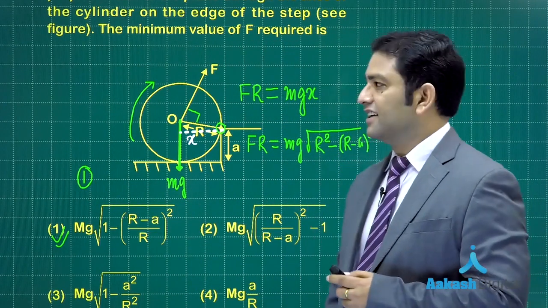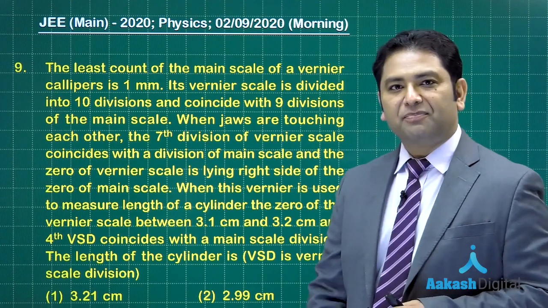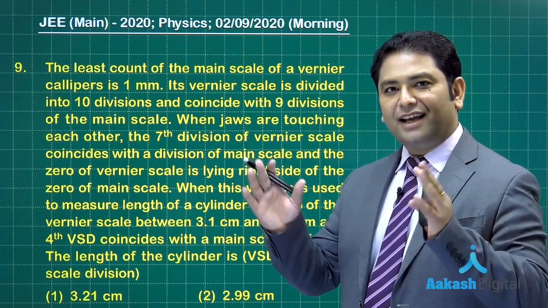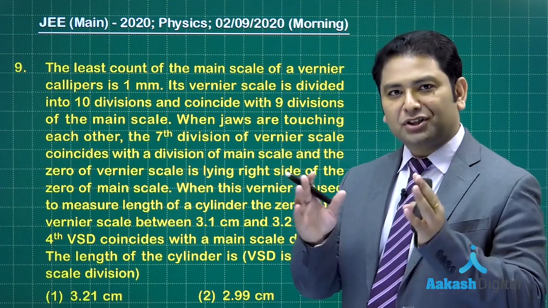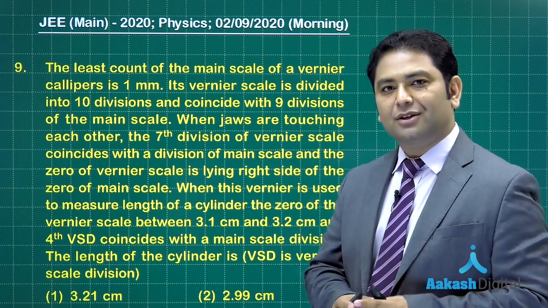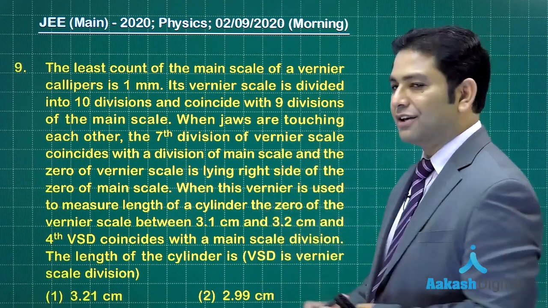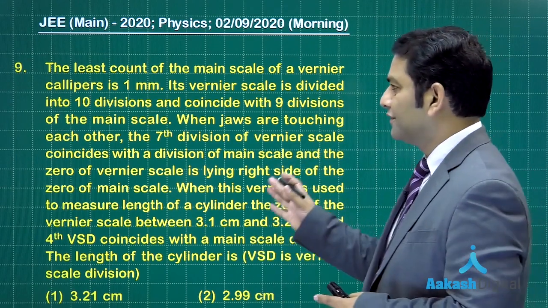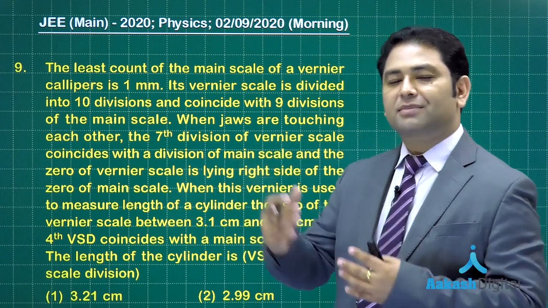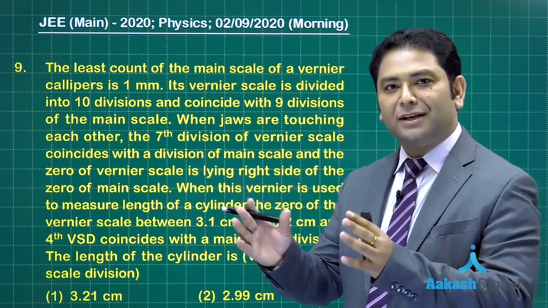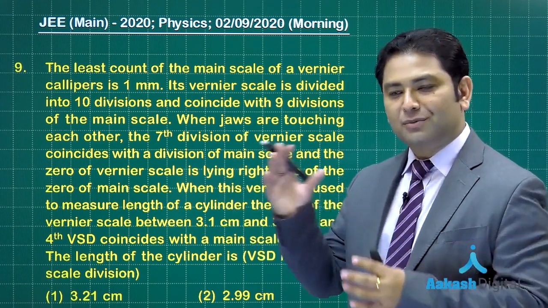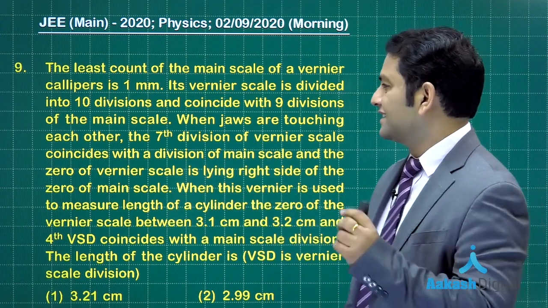Let's go for the next. The 9th question. A regular trend and estimate is that from the topic units and measurement, we generally get a question, and specifically from the measuring device you could see. It's a beautiful one. In fact, all possible concepts of the vernier caliper have been combined to make this question. Let's see what it says.